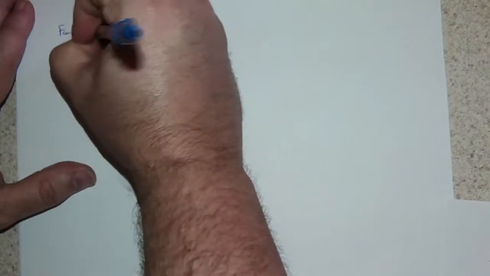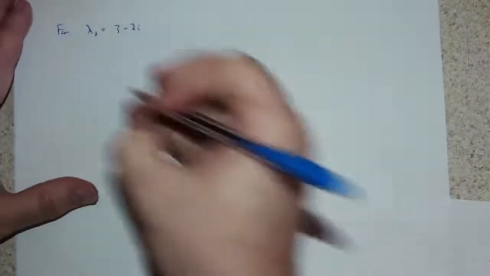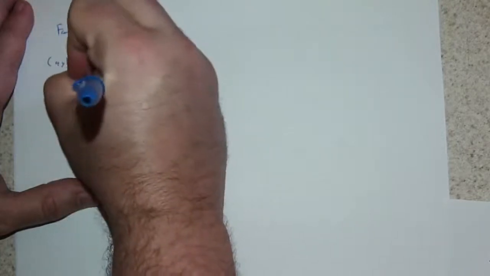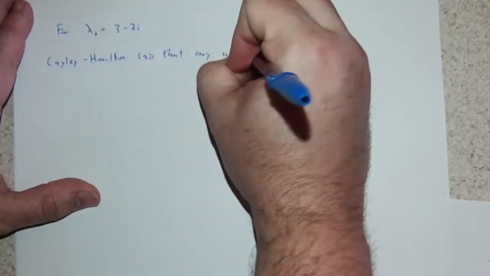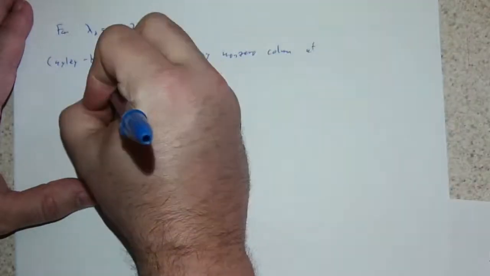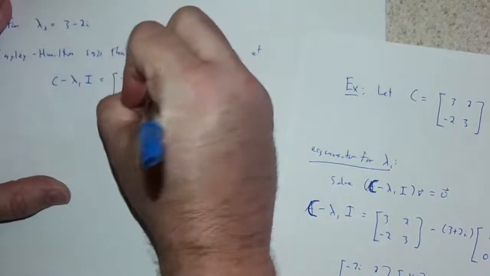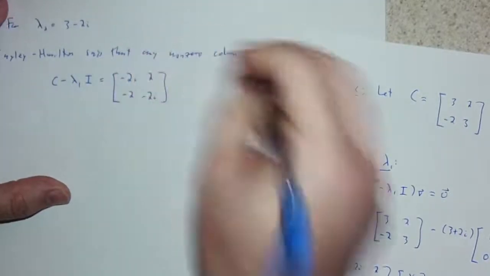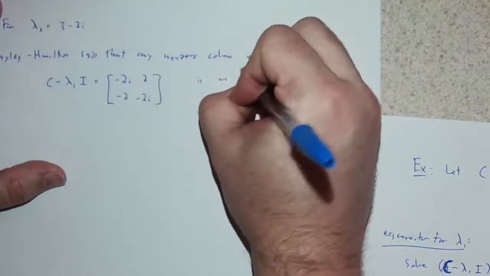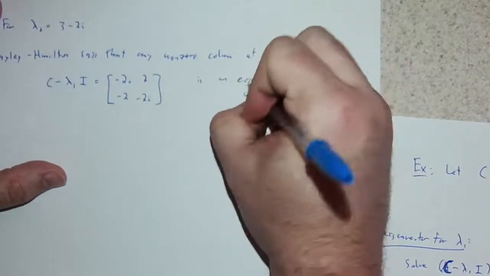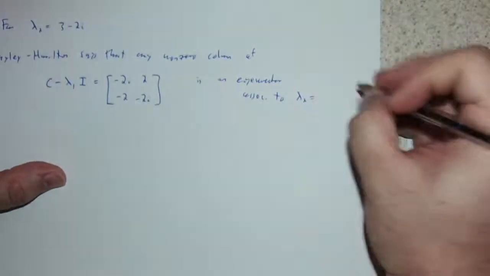So for lambda 2 equal to 3 minus 2i, Cayley-Hamilton says that any non-zero column of C minus lambda 1 I, which we have already computed here, which is minus 2i, 2, 2, minus 2i, any non-zero column of this thing is an eigenvector associated to lambda 2, which is 3 minus 2i.